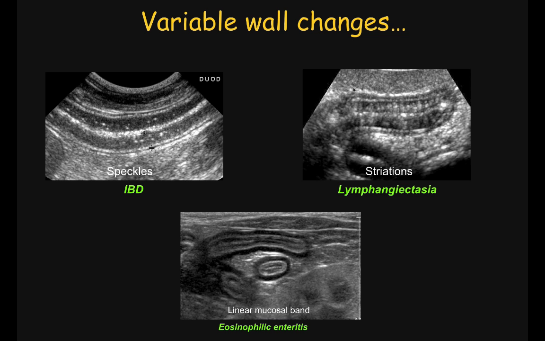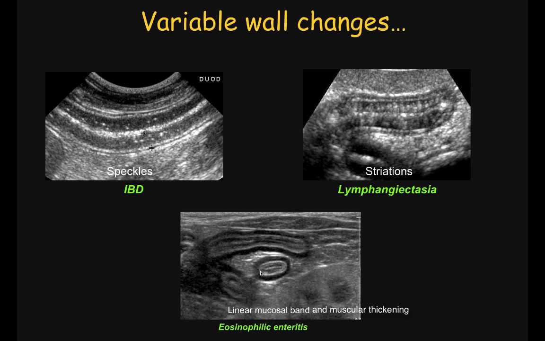As we mentioned, the striation may have a variable diameter and may at times not be that obvious, but in this example diagnosed as lymphangiectasia, we see that almost circular appearance of this dilation. More subtle changes may be like what we see here, this very thin linear band crossing the mucosa.